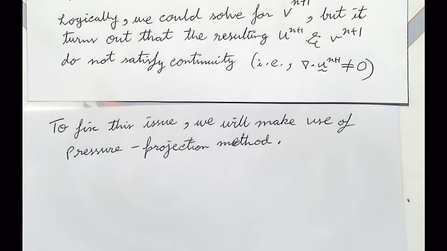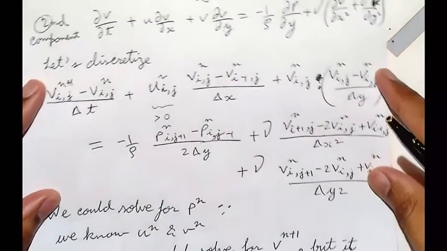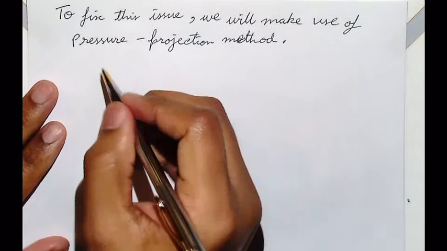Okay. So, what does the pressure projection method do? It actually takes the Navier-Stokes equation, this whole big thing, and solves it step by step. Okay. So again, I'll write the Navier-Stokes equation.